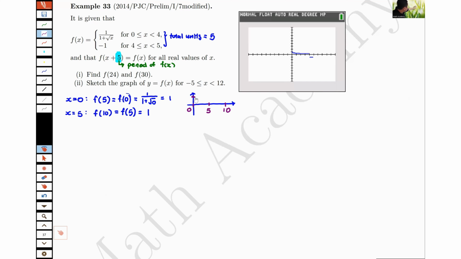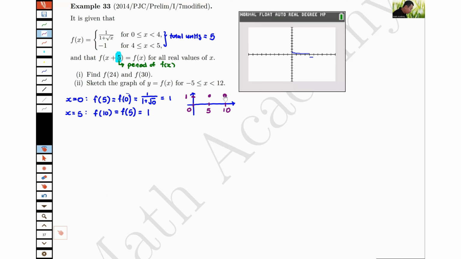When it's at the value 0, we know that the y value is 1. At the value 5, I know that it's also at the same point, 1. At 10, I also know that it's at the same point again, at 1.